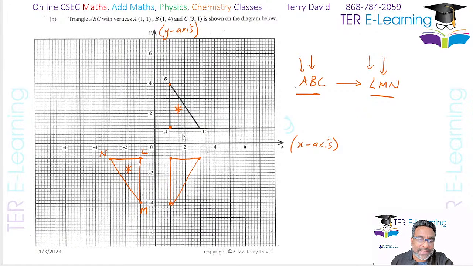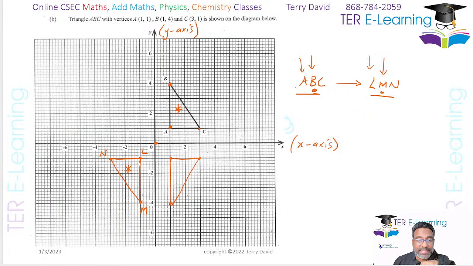But the problem is that if you look at what is actually happening, you know that B is being mapped onto M, right? So this B here, and this is M here, right? And this is C, and C is mapped onto N. What is actually happening here is that the triangle is rotating about the origin.